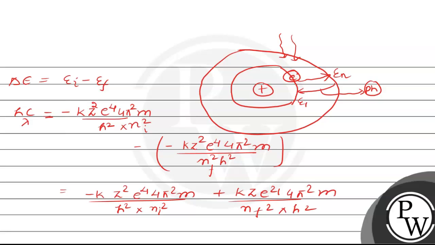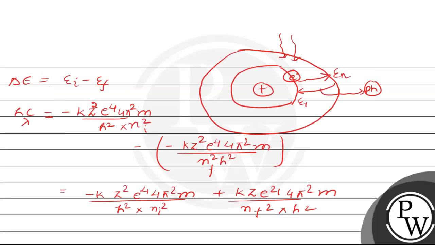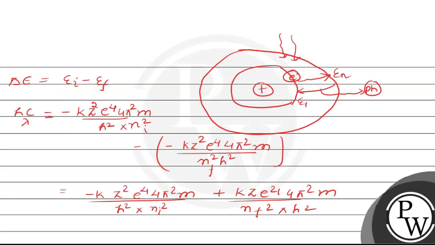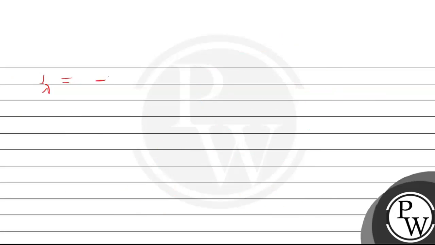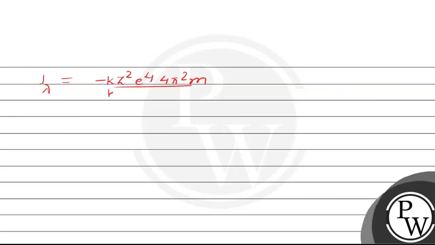So students, यहाँ से 1 अपॉन लैम्डा की वैल्यू लिख सकते हैं. Taking this common, 1 upon lambda is minus k z square e raised to the power 4 pi square m upon hc into h square, into 1 upon n initial square minus 1 upon n final square.